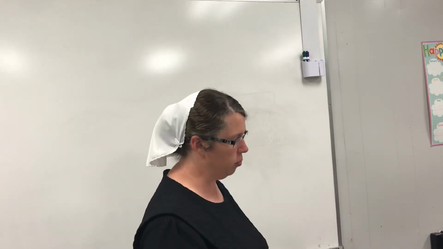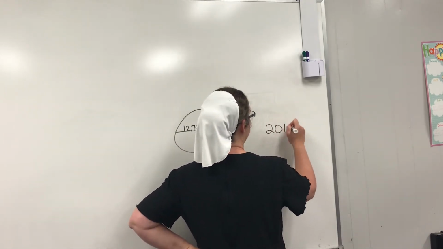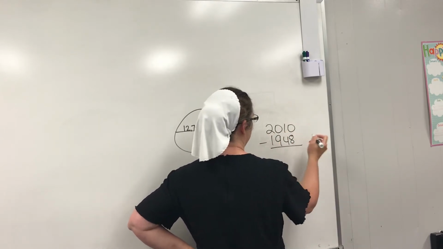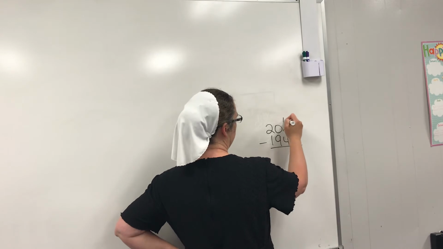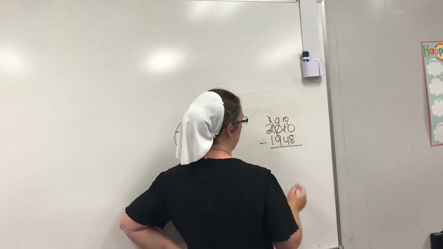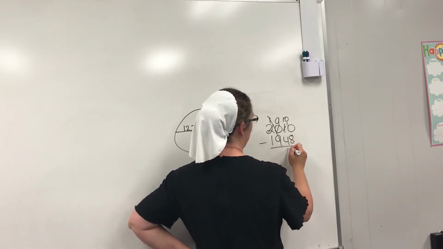All right, let's go down to 2A. Luke was born on September 6, 1948. So we have 2010, and in 1948, Luke was born. Again, we need to borrow. These are all going to cancel out. We have 10 take away 8 is 2. 10 take away 4 is 6.